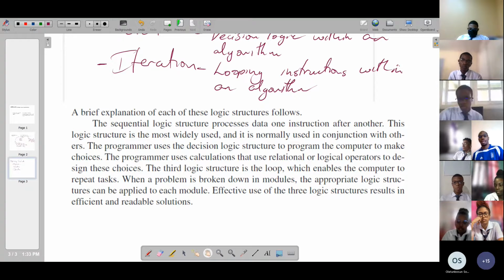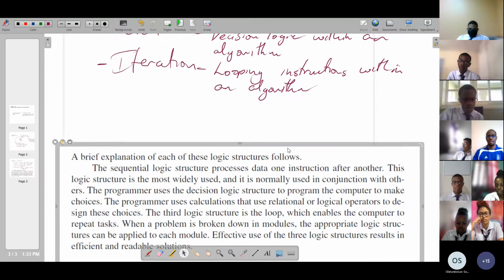No matter what you write, your program must make sequential sense. And then, of course, the second thing that we use is the decision logic structure. Oh, I forgot to copy the names of the structures. Sorry, I'll put that on top.